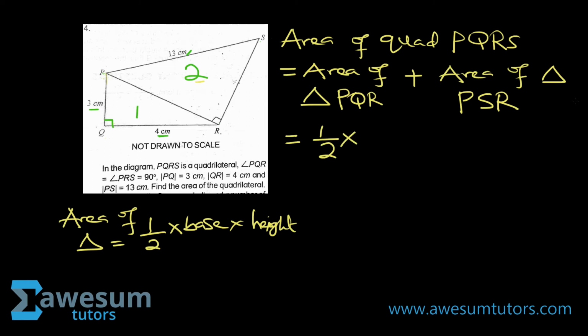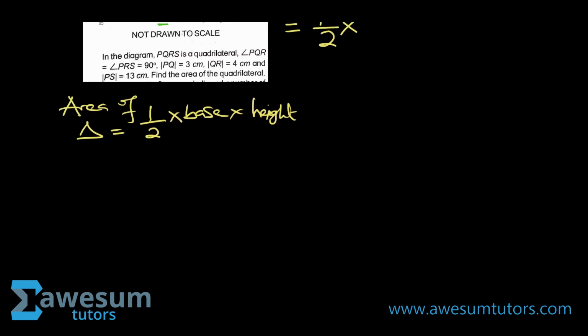For a right angle triangle that you have this way, this is going to be the base, and this is going to be the height.